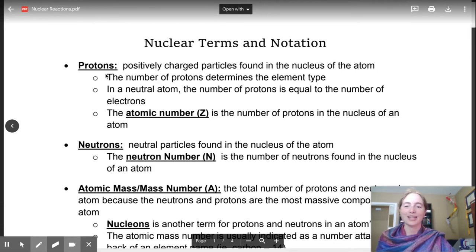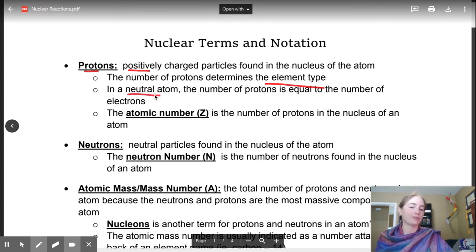As you know, protons are positively charged particles found in the nucleus of the atom. That part I hope you'll remember. And remember from chemistry, the number of protons determines the element type.